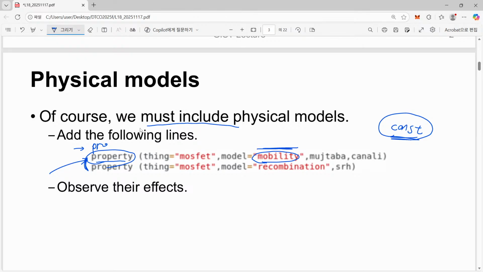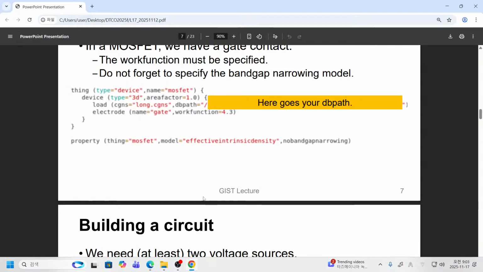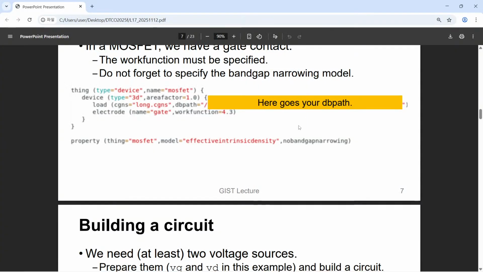Then after that, this program tries to catch the parameters shown in your DB path, and when you open the DB path, for your materials you have material parameters. If you change that number, then your mobility can be adjusted. However, in your case, please do not change your DB path, because I guess that all of you are using the shared version of this DB path.